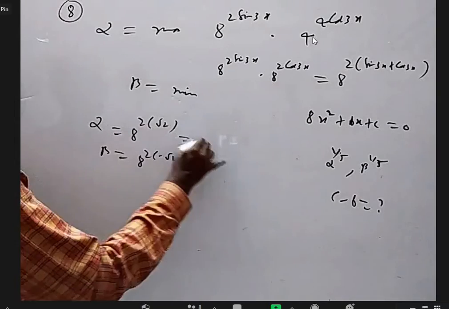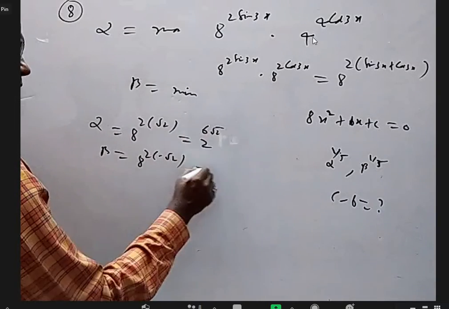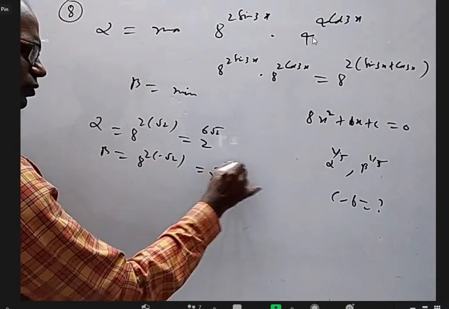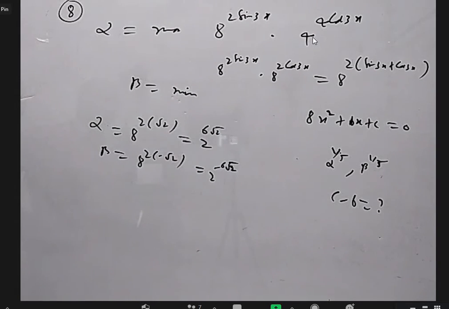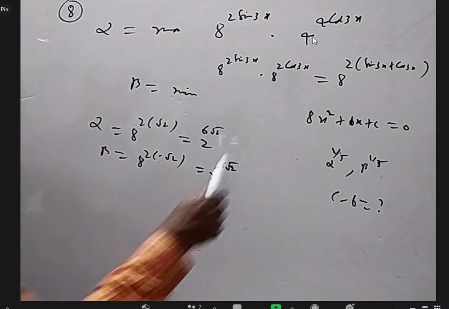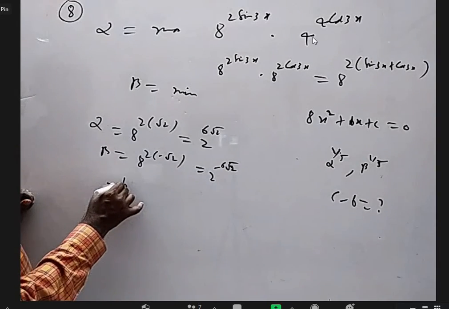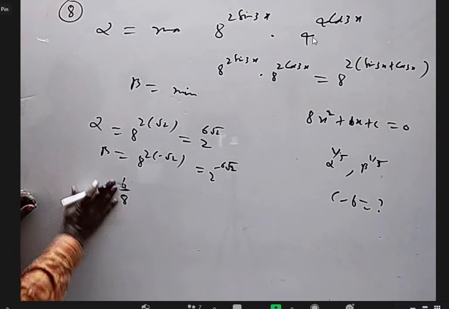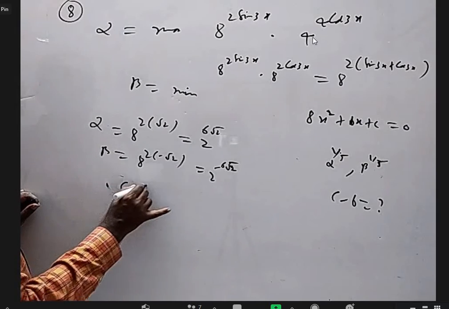Okay, this is 2 cube and 2 power 6 root 2. This is 2 power minus 6 root 2. What does power 1 by 5 have here? Okay, minus b by 8. They want c minus b. Let me write that properly. Okay, c minus b.